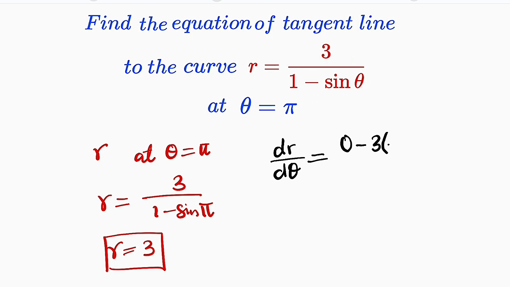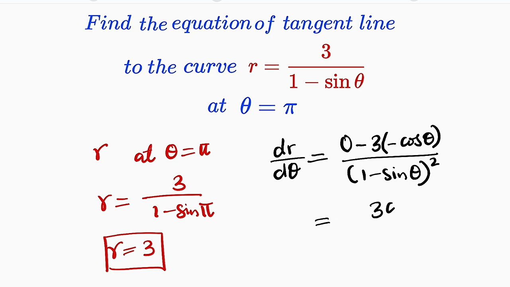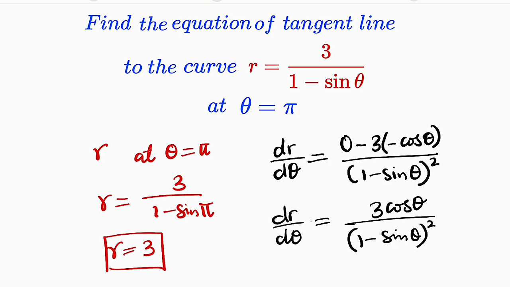So we are multiplying by negative cos theta. Divide by the bottom squared, which is 1 minus sine theta squared. Let's simplify this. Negative 3 times negative cos theta is 3 cos theta, divided by the bottom squared, which is 1 minus sine theta, everything squared. This is dr over d theta.